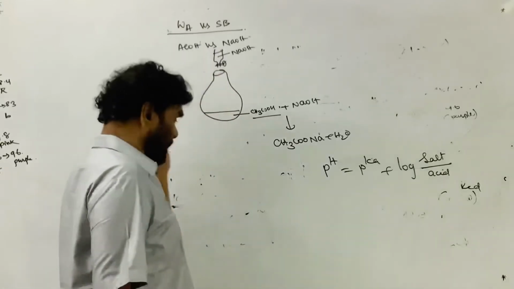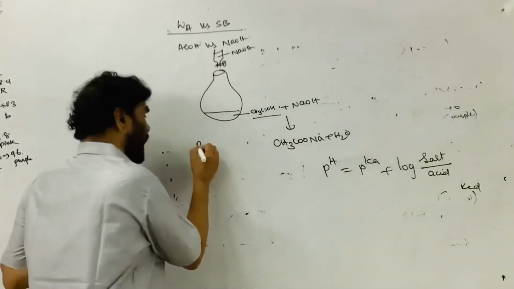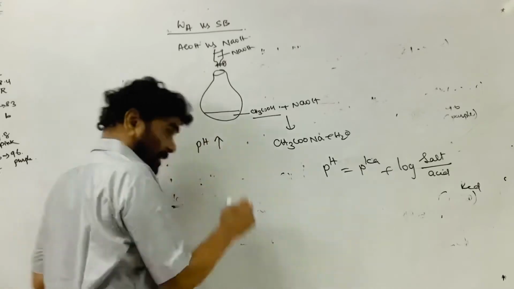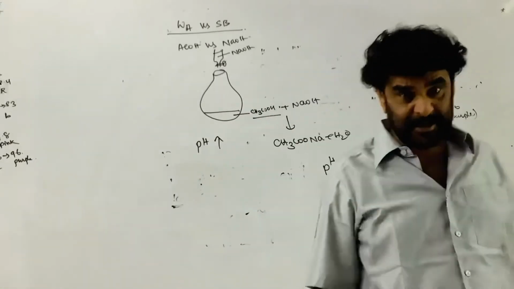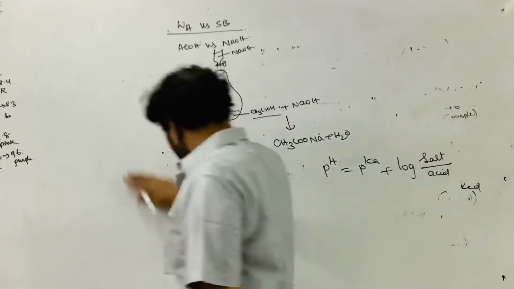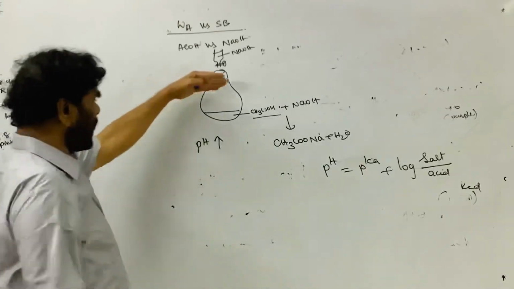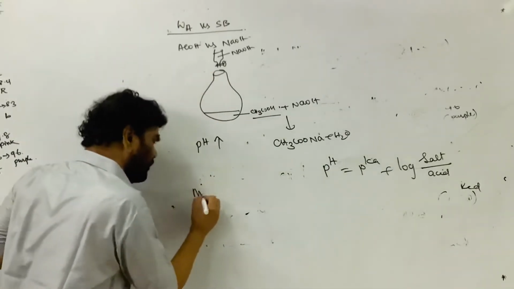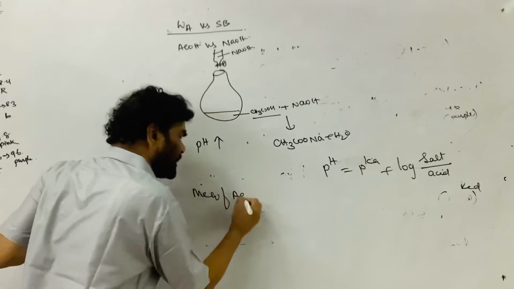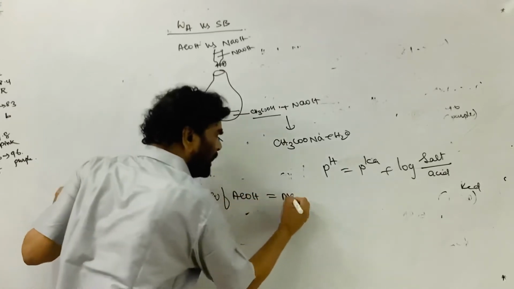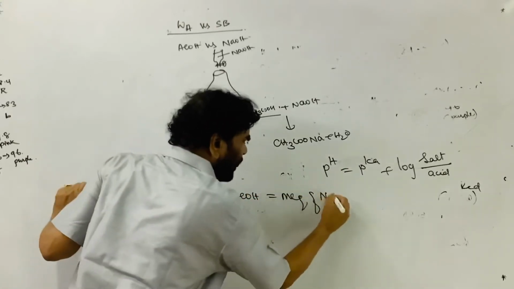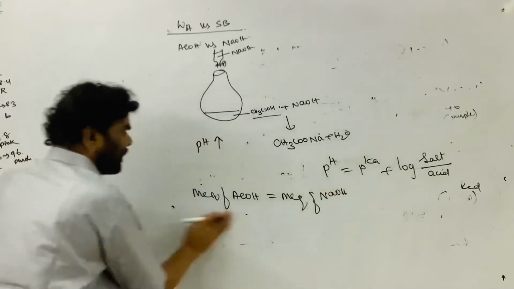So the H plus ion concentration is decreasing. The pH gradually increases, but it is not increasing rapidly. But at one point, see, the milliequivalents of acetic acid are equal to the milliequivalents of sodium hydroxide. I am talking theoretically.